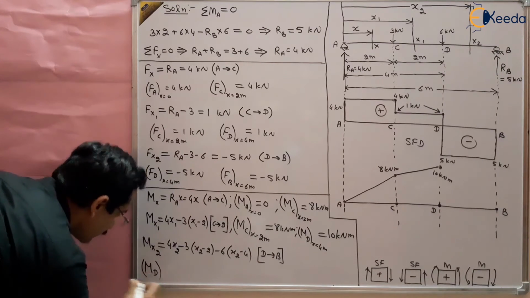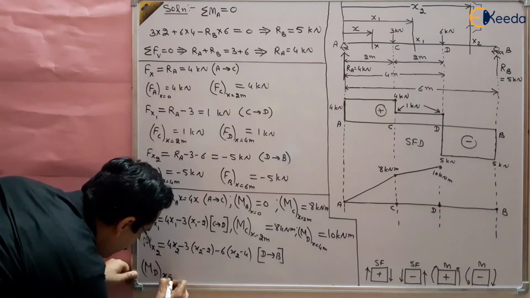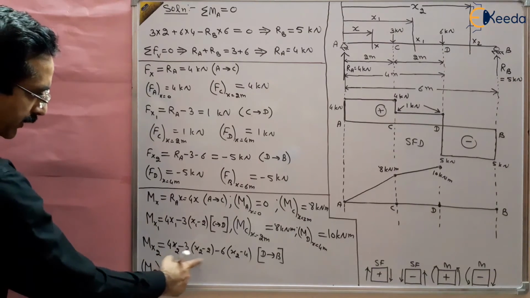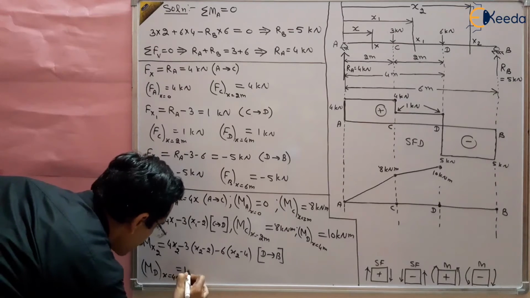At a distance of 4 meters, put 4 here, and 4 minus 4 becomes 0. So it will again come out to be 10 kilonewton meter.